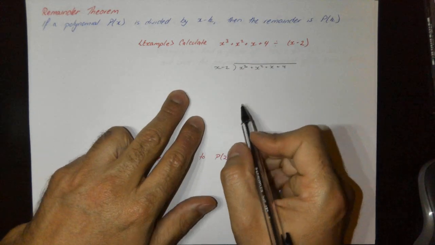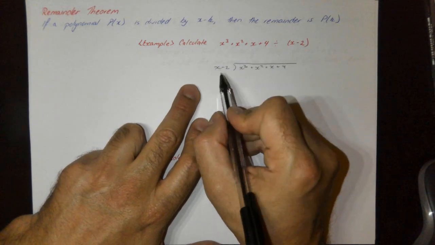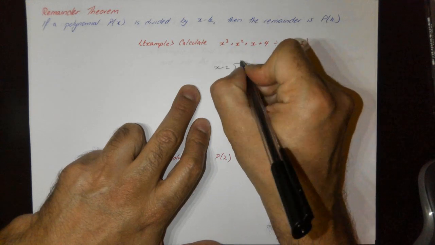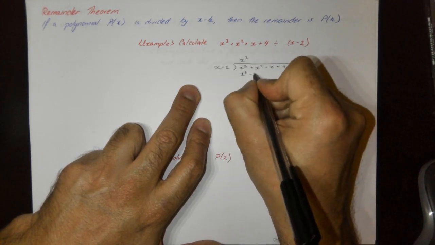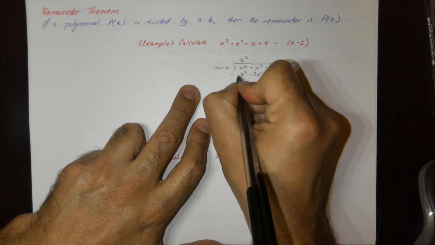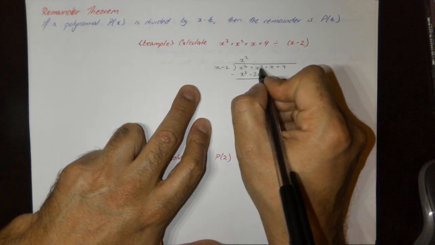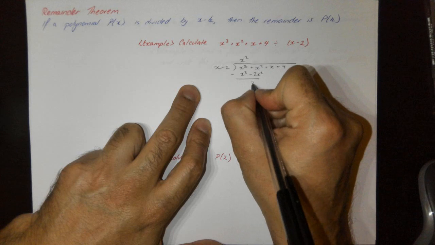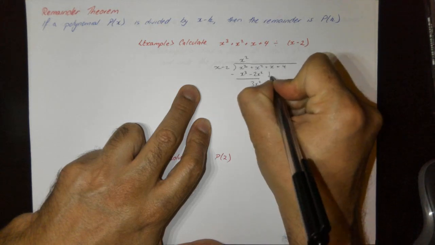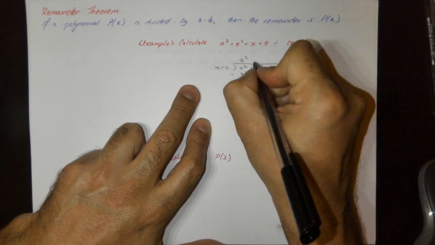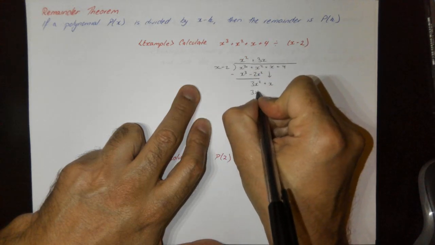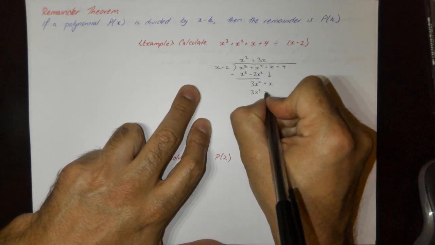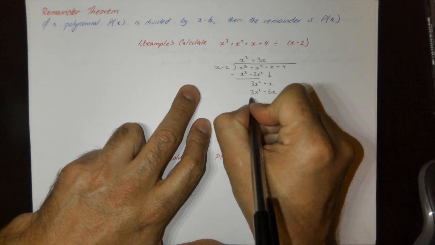Alright, so we know that there's going to be some kind of remainder. Let's figure it out. x into x cubed goes x squared, multiply by x minus 2, subtract them together, that disappears. 1 plus 2 is 3x squared, plus x, so plus 3x. 3x times x minus 2 is 3x squared minus 6x.